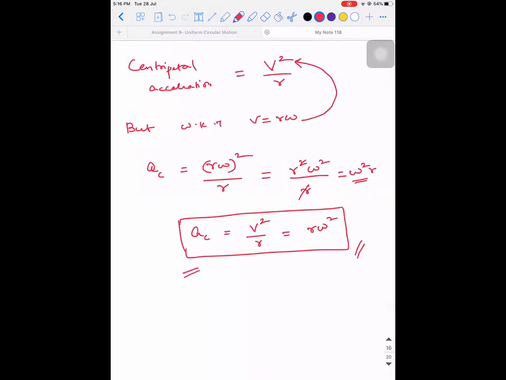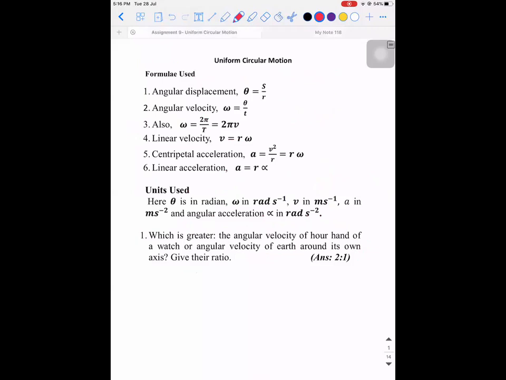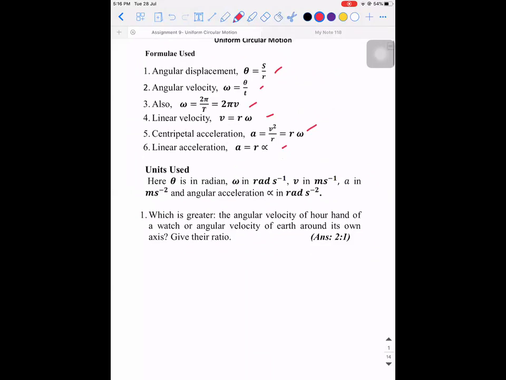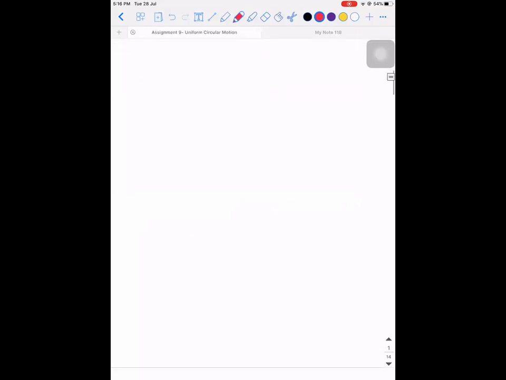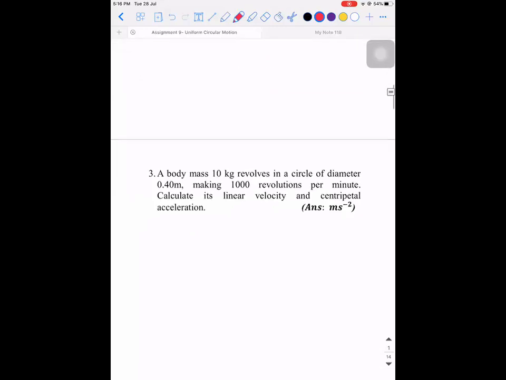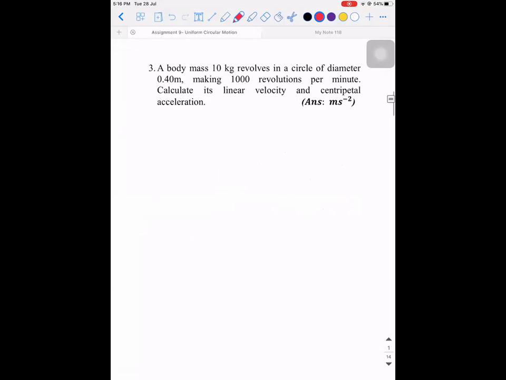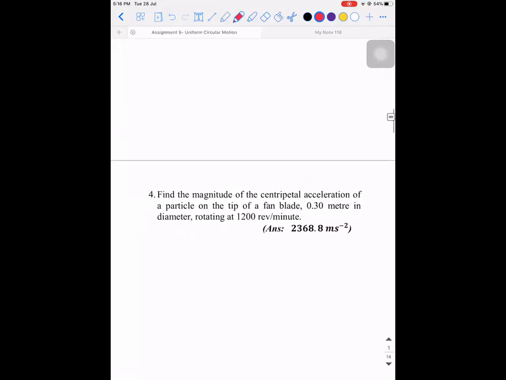Yes, sir. See, what will happen is you have angular displacement is s by r, omega is something. You have all these formulae, right? So depending on the problem only, you will have to solve. For example, I cannot solve these problems because I have to explain you about frequency also.